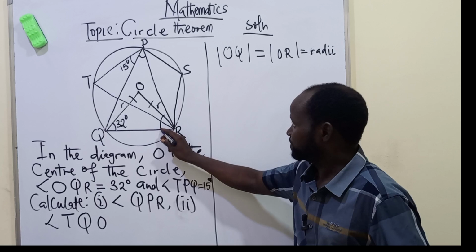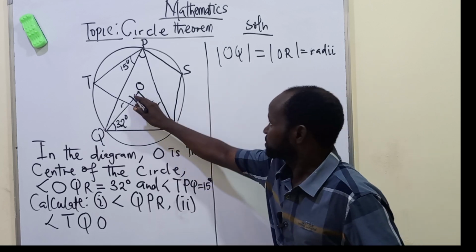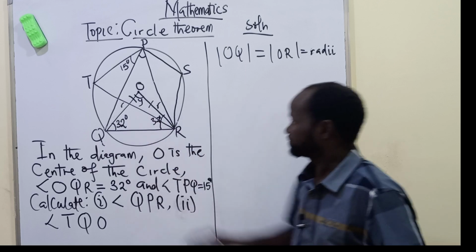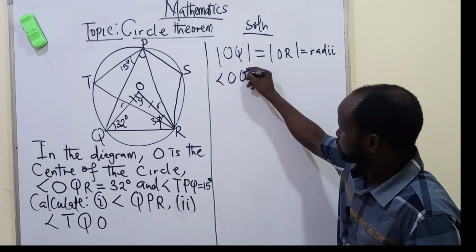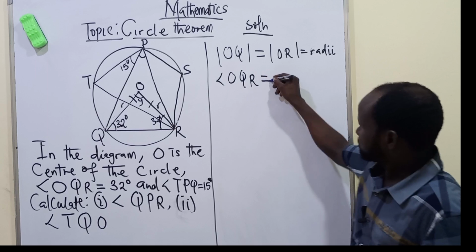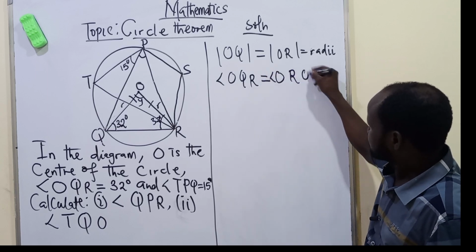So here this angle will be 32 degrees. Let the angle at the center here be y. So we can say angle OQR is the same as angle ORQ.